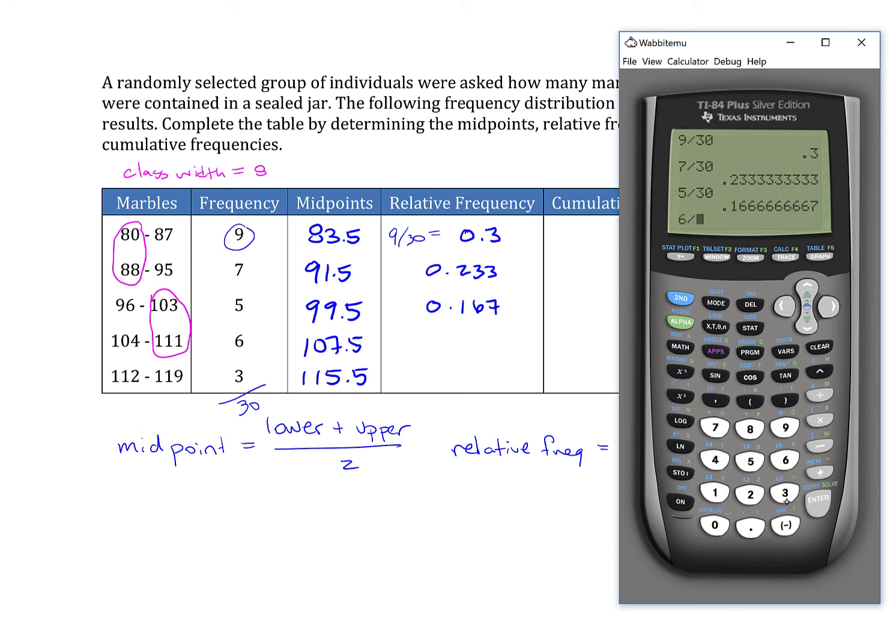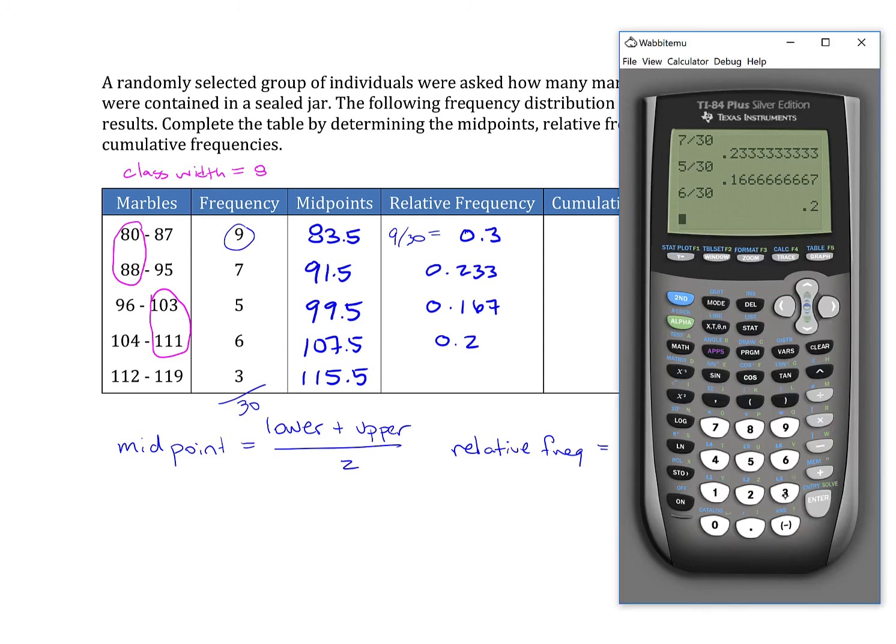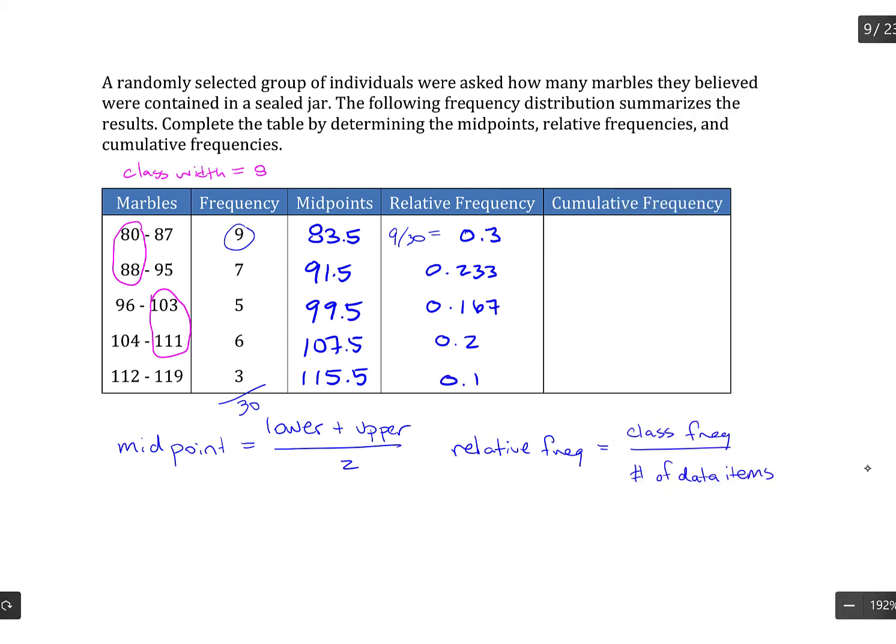Then 6 divided by 30 is 0.2. And 3 divided by 30, it should be 0.1. Okay, good.